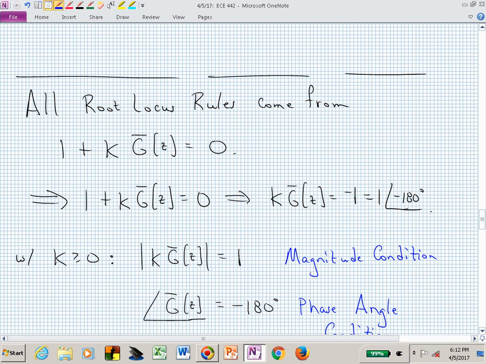But if we rearrange 1 plus k g bar of z equaling 0, we will solve for k g bar of z, and that ends up being equal to minus 1. But minus 1 has a magnitude of 1 and an angle of minus 180. And that magnitude and angle information is what we use to derive all of our root locus rules for sketching the root loci. The magnitude of this product, the gain k times g bar, has to be 1.